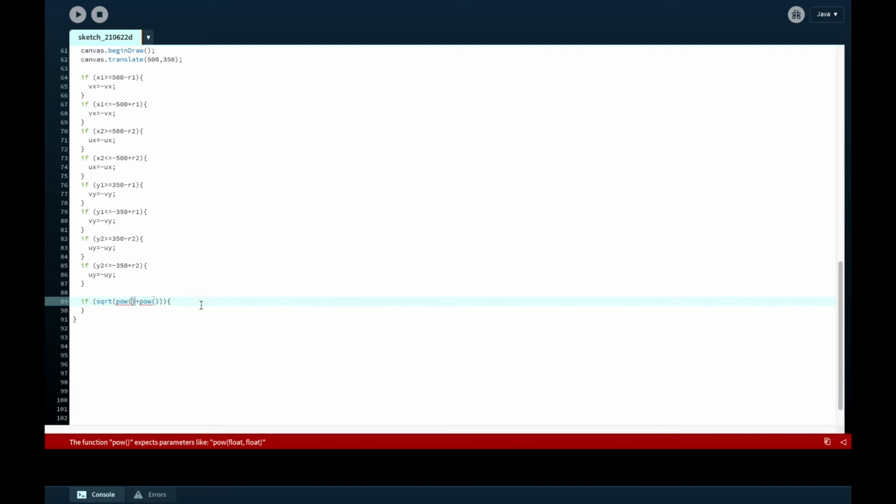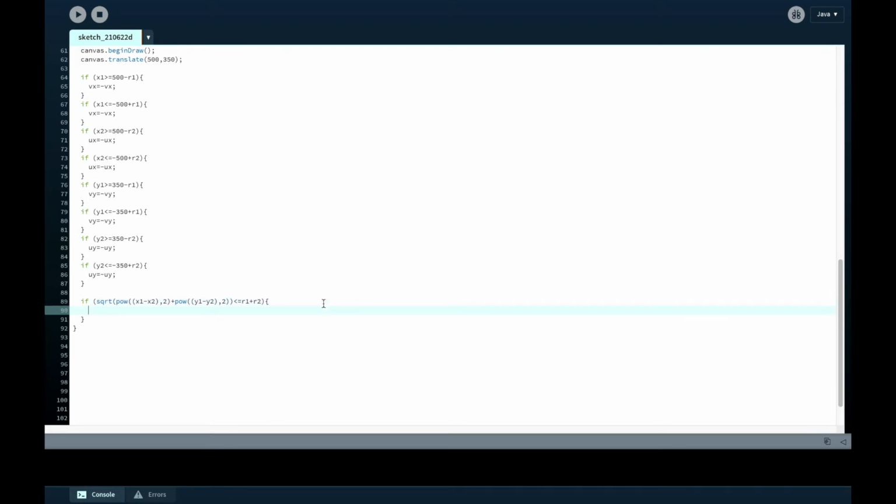This power here is going to be x1 minus x2 squared, and that here is going to be y1 minus y2 squared. So if the square root of that, defining the distance, is smaller or equal to r1 plus r2, then this means that a collision has occurred.